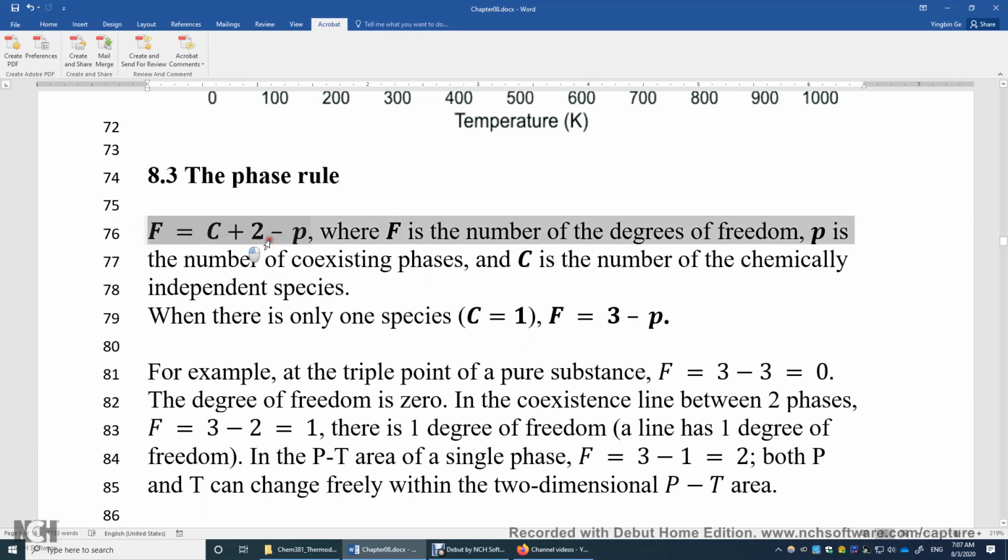Look at this equation. 2 chemicals: 2 plus 2 minus 1. Only one phase. And then you have 3 degrees of freedom for the mixture of oxygen and nitrogen. So in that sense, you can have 3 independent variables that can change freely. I mean, you can change pressure, you can change temperature, and you can change the mole fraction of the nitrogen and oxygen freely. So the 3 of them.